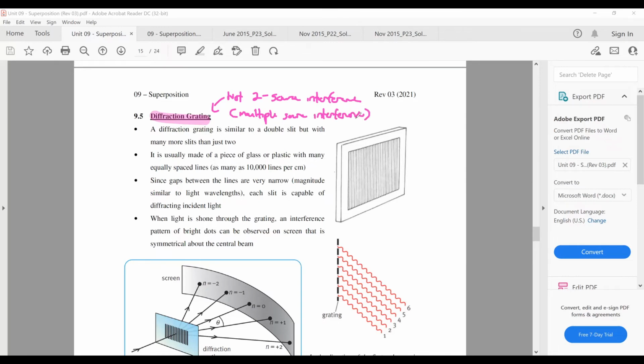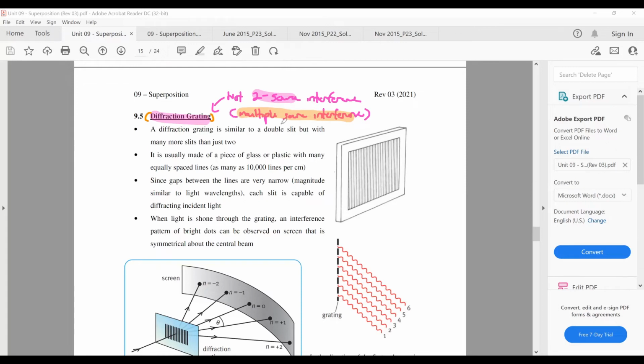The interference that you've learned so far before is all from two sources only. But when it comes to diffraction grating, you're also talking about the interference formed by them, but this time the source is not limited to only two sources. It actually comes from many, many different sources. So what we'll say here is this.